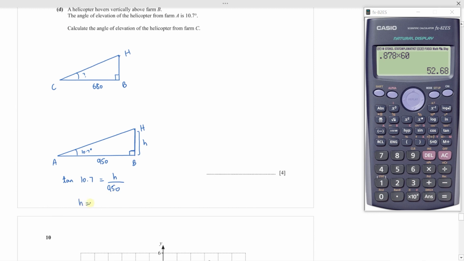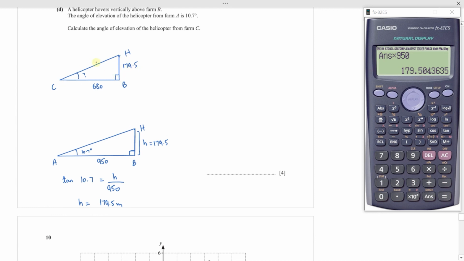So this will give H equals tan of 10.7 multiplied by 950. So this is 179.5 meters. So this will also be 179.5. So the helicopter is flying at a height of 179.5 meters above the farm B.